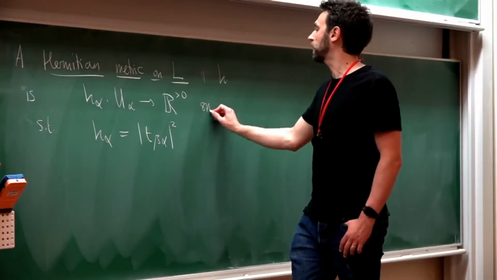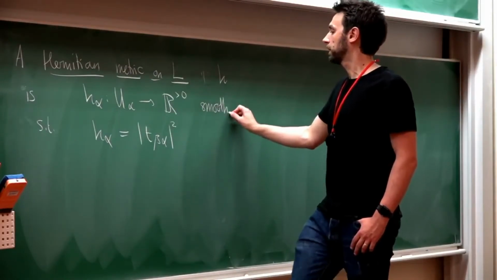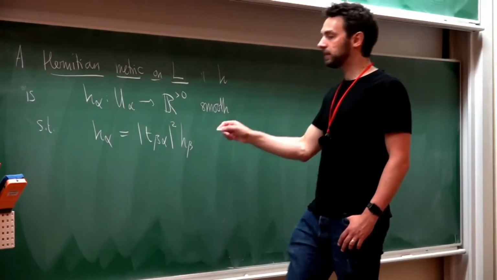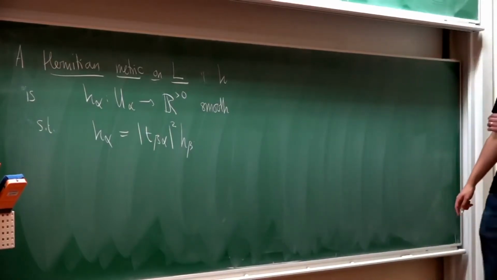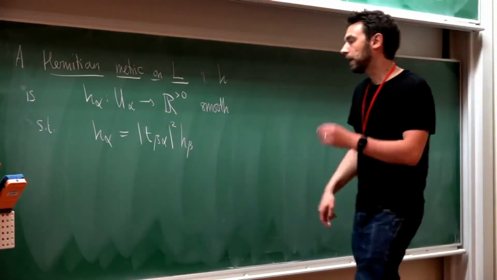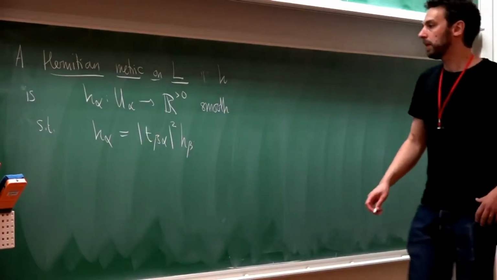So these are smooth maps, they're not holomorphic. It satisfies this transition property, this coordinate change property.